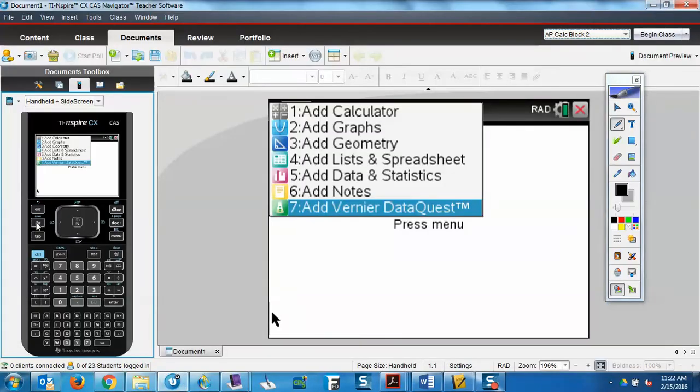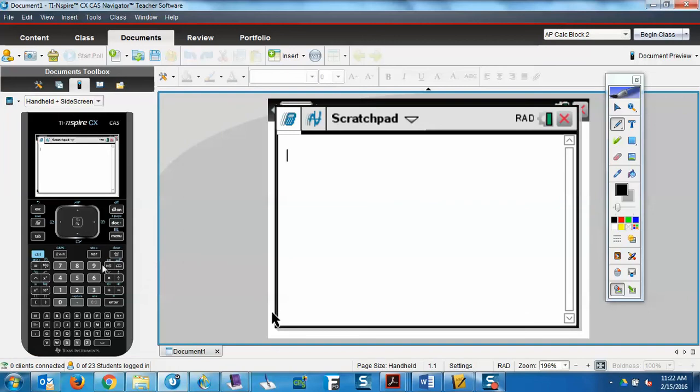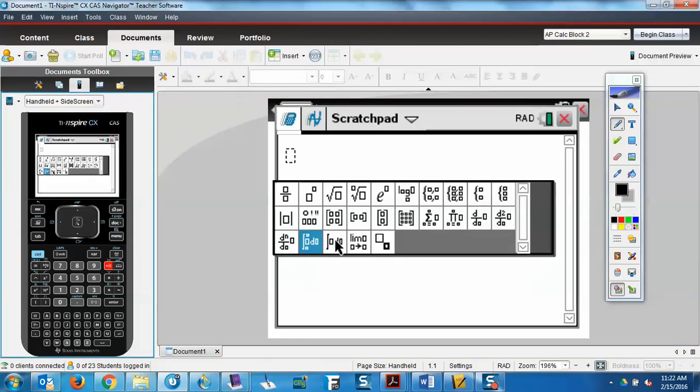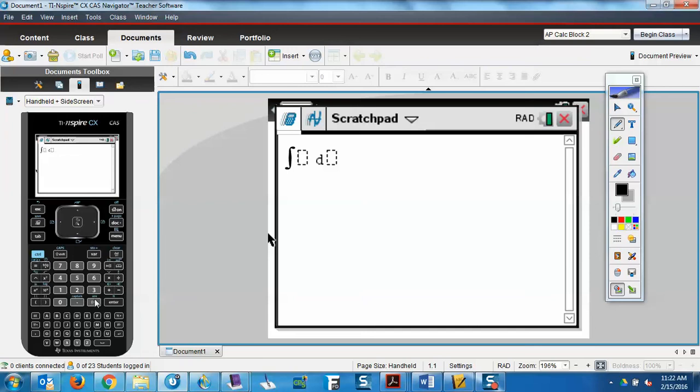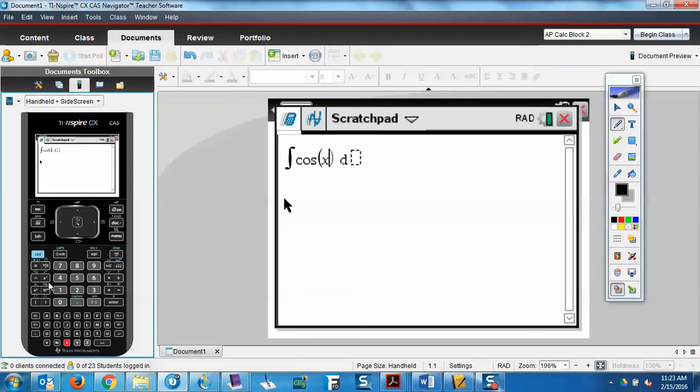Let's do it. So let's put in the integral. Now, notice there's an integral with the little boxes here, and then there's also an integral without the boxes. Well, that is just the antiderivative symbol. That's the symbol for just doing the antiderivative. Not finding any area, just doing the antiderivative.